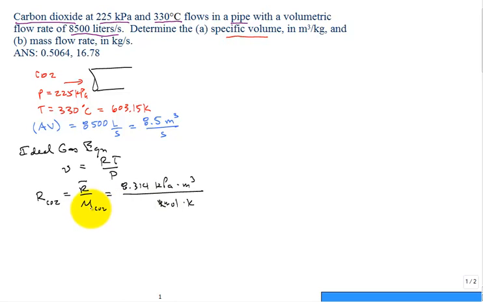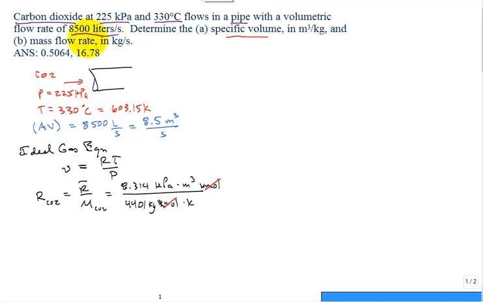And then for the molar mass of CO2, we look it up in our textbook table A1, and it comes back at 44.01 kilograms per kilomole. And so the per kilomoles cancel, and we're left with kilopascal meter cubed per kilogram Kelvin for the gas constant for CO2. The only other thing that we probably want to check is whether we need a compressibility factor for this problem.